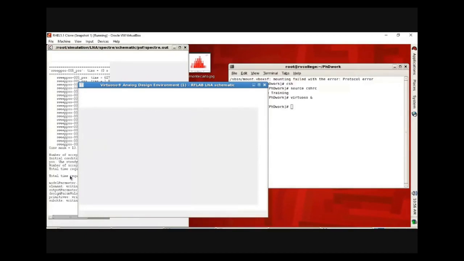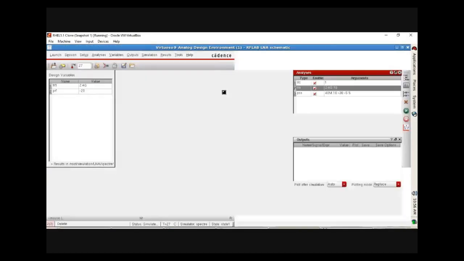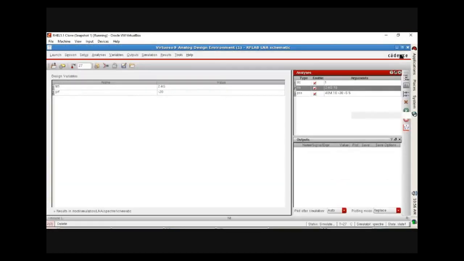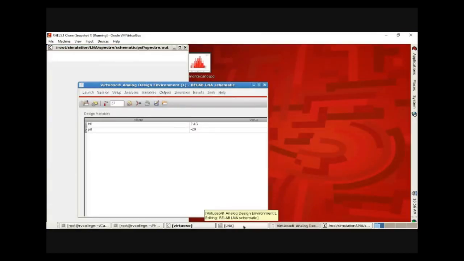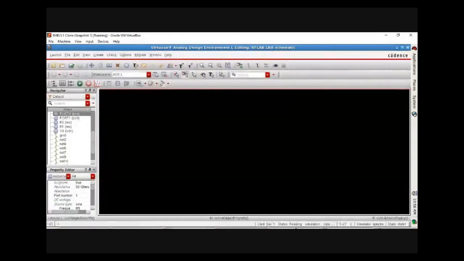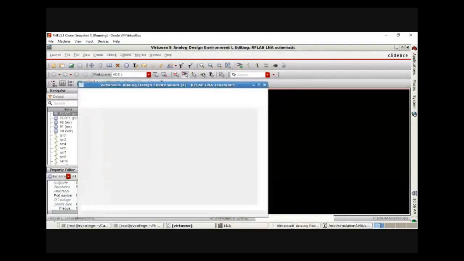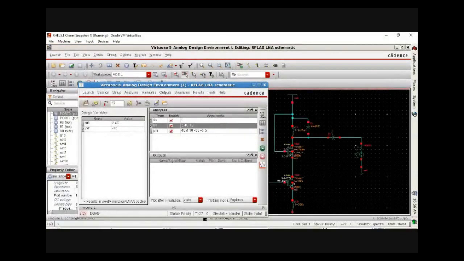No, I think Lalit, I think there is no error. Yeah, it is getting loaded. Yeah, I hope it is successful only.